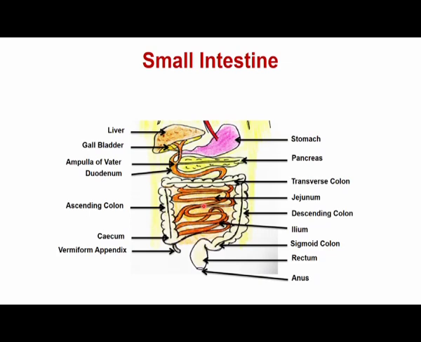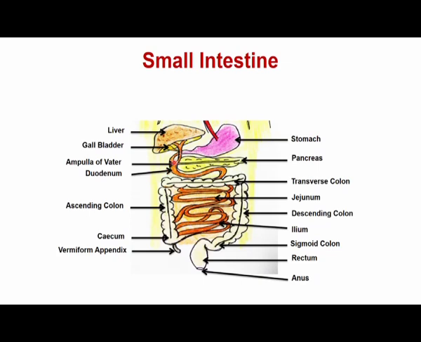The duodenum is the part which is connected to the stomach through a sphincter called the pyloric sphincter. As we discussed in the past, the pyloric sphincter controls the movement of molecules from the stomach to the duodenum.